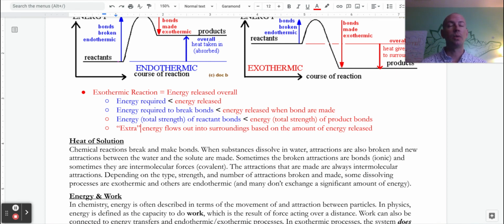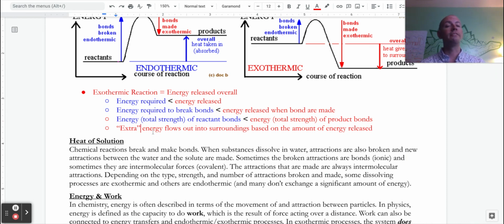The attraction that we are making is between the solvent or the liquid, very often the water, and the thing that got dissolved. Sometimes these are endothermic because it takes a lot of energy to break that apart. But very often these are exothermic because it's a very favorable, a very likely, or an energy releasing process overall.